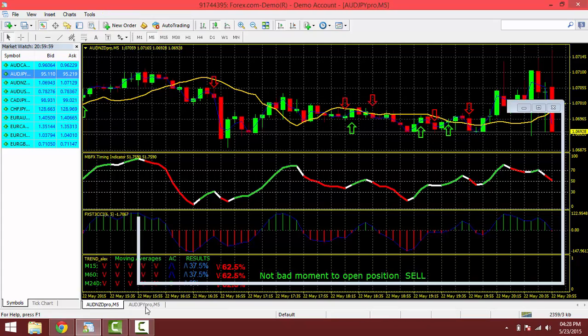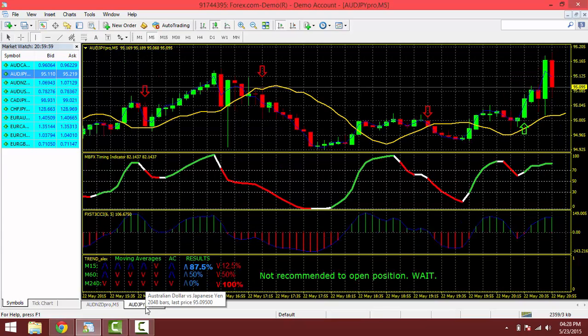As far as the AUD JPY, what I'm gonna show you here is the arrows and what happened, the reason why I would take them and the reason why I would not take them. I'm talking about the puts here, guys, because I'm going for puts in a downtrend. So these are the trades I would take.